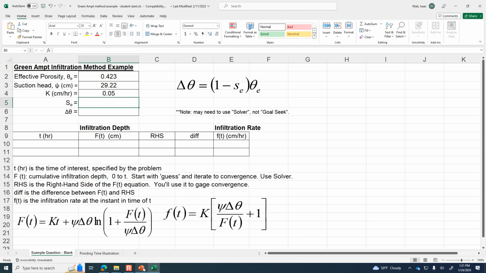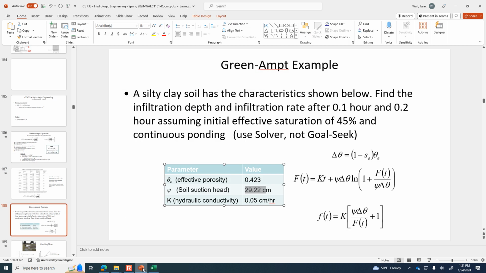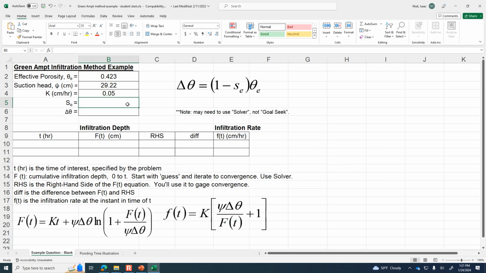Okay. The effective saturation of 45%, we have to express as a decimal because of the way we're going to calculate the delta theta. So for 45%, we just put in 0.45 for the effective saturation. And now we'll calculate the delta theta. This is how much the moisture content increases. There was a certain amount of moisture to begin with, which the effective saturation tells you, before the storm happened.